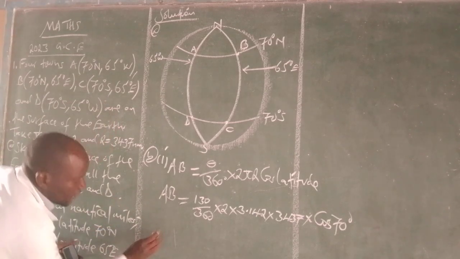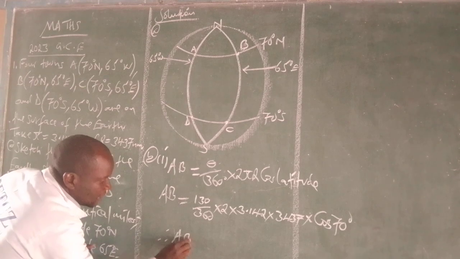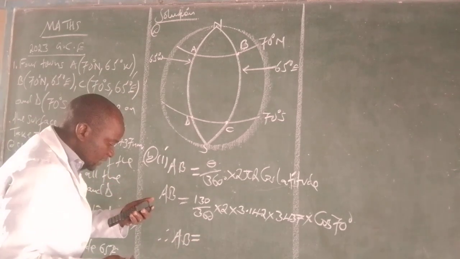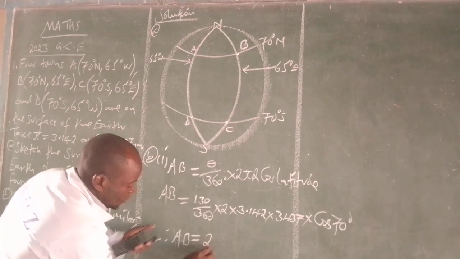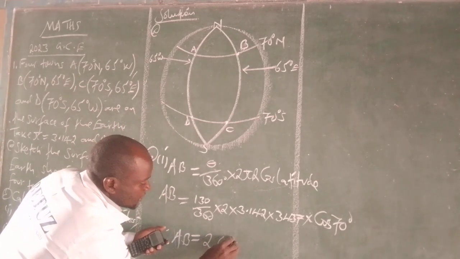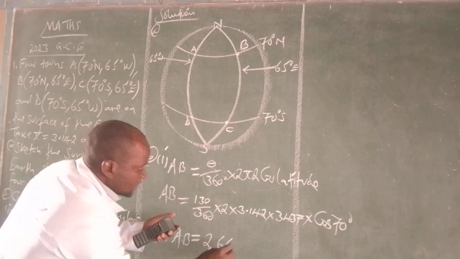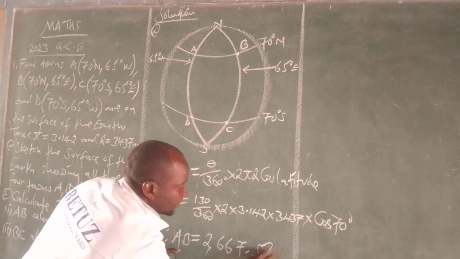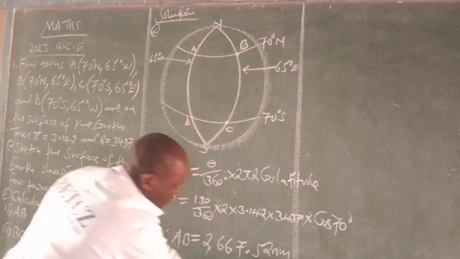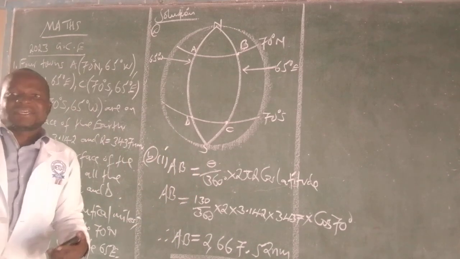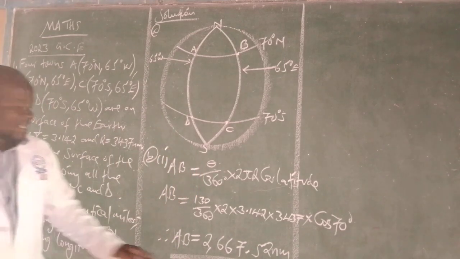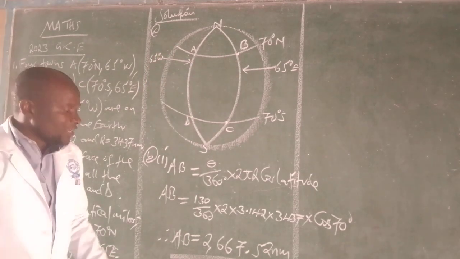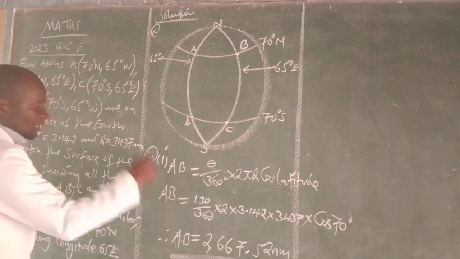So we are getting, therefore, AB is equal to 2,667.52 nm, or nautical miles. This is the distance between A and B in nautical miles. By doing so, it means we have answered B1.